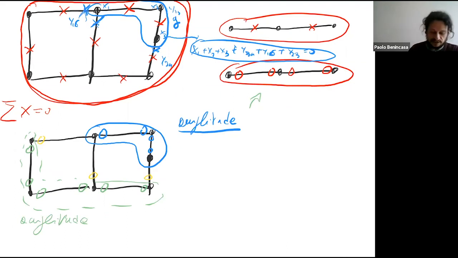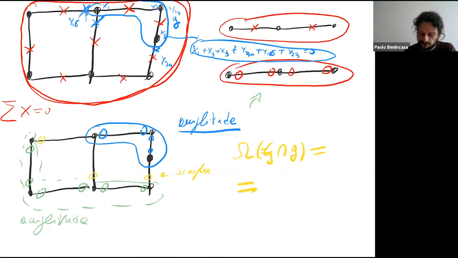One thing that you can show is that the yellow ones form just a simplex, and if you write the canonical form for this object, where you're intersecting G with small g, you get the canonical form for G, times the canonical form for this other subgraph, G prime, times the canonical form for the simplex that I call sigma.